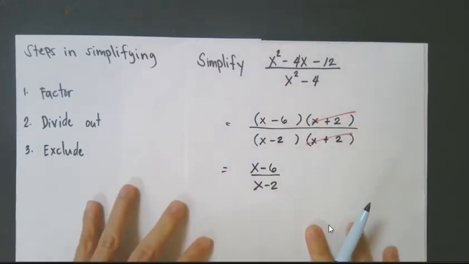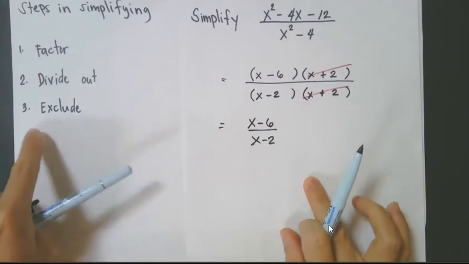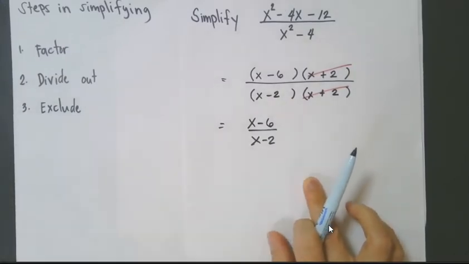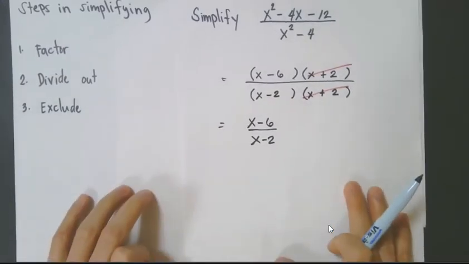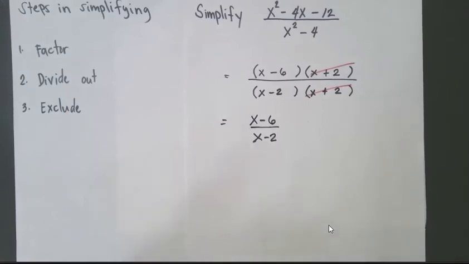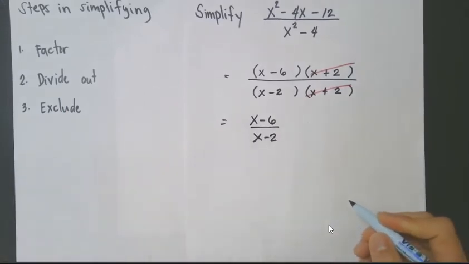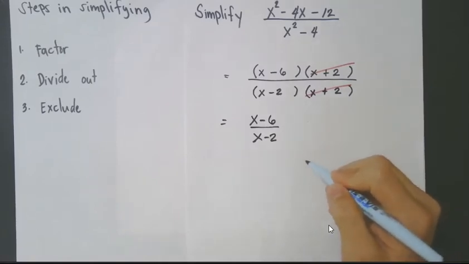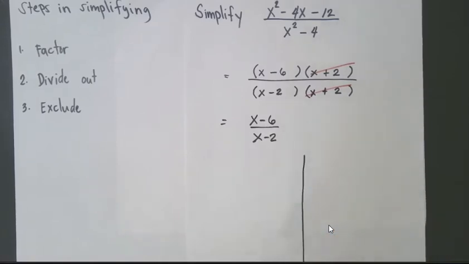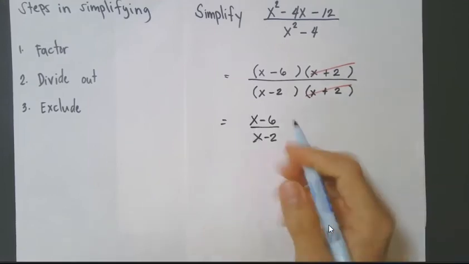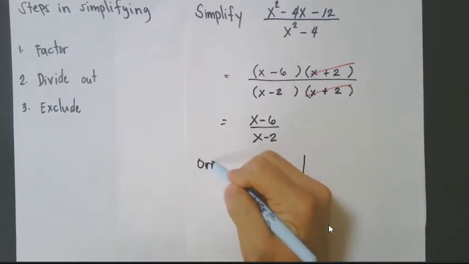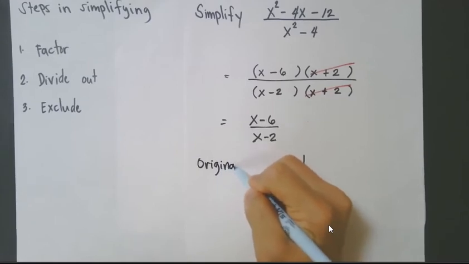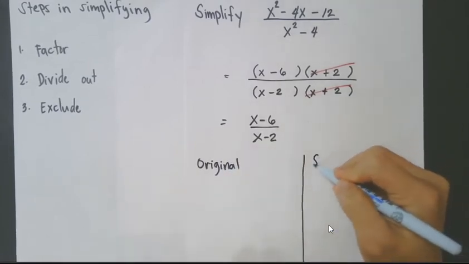Now, as you can see here, we have the third step, which is exclude. So we want to look for the excluded value of x. In this case, I'll teach you a method. We're just going to make here a comparison. This is your original, and this will be the simplified.